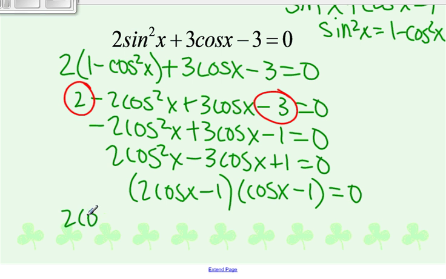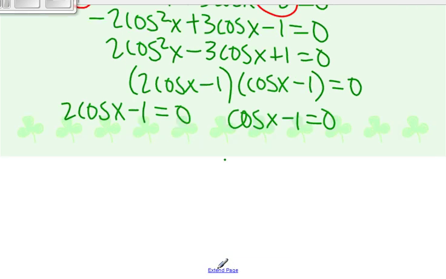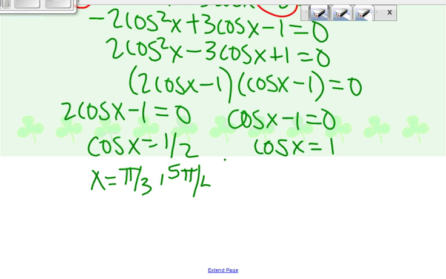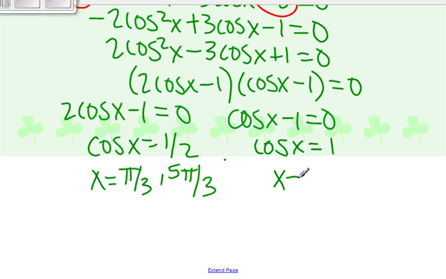We're going to get 2 cosine of x minus 1 equals 0, and cosine of x minus 1 equals 0. So cosine of x equals 1/2, and cosine of x equals 1. So cosine is 1/2 for the pi over 3 family, so it's going to be in the first quadrant and in the last quadrant. So quadrant number 4. And then cosine is 1 at 0.